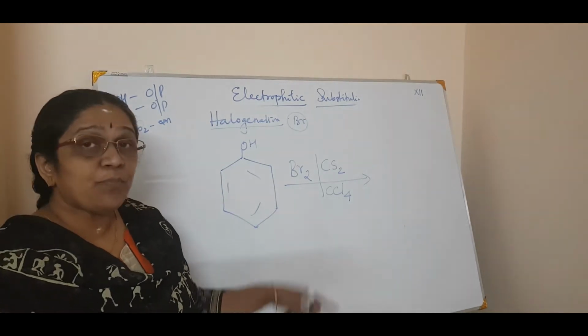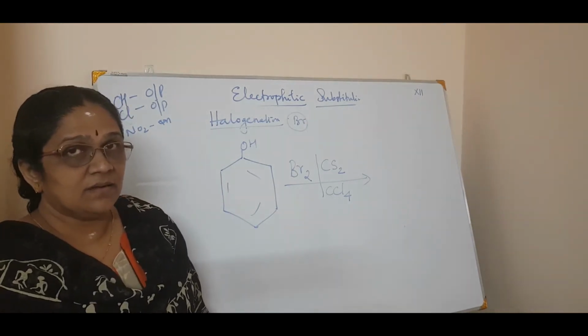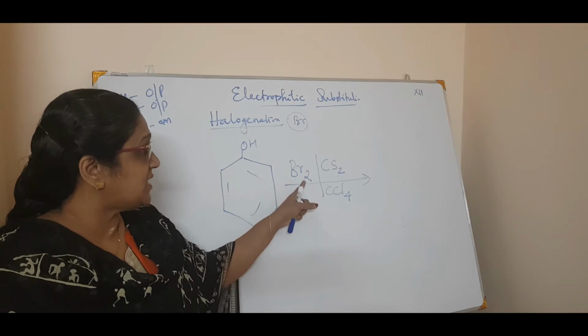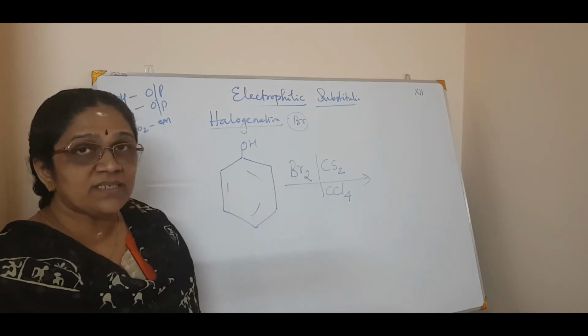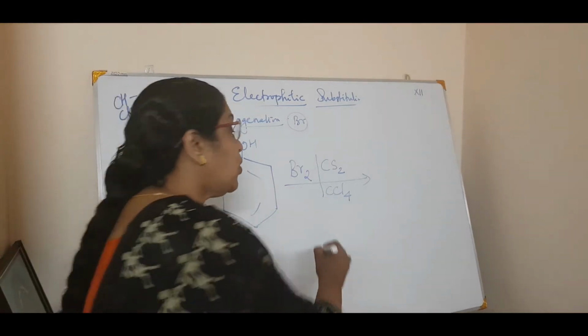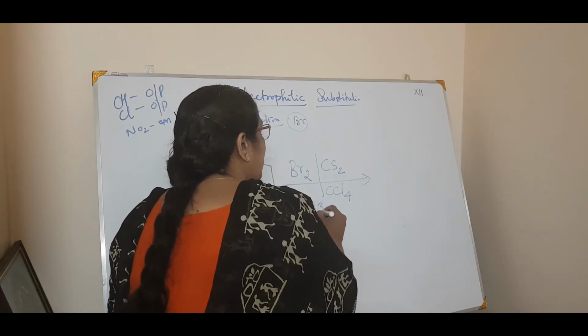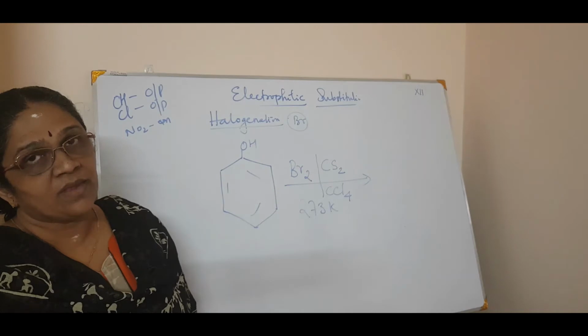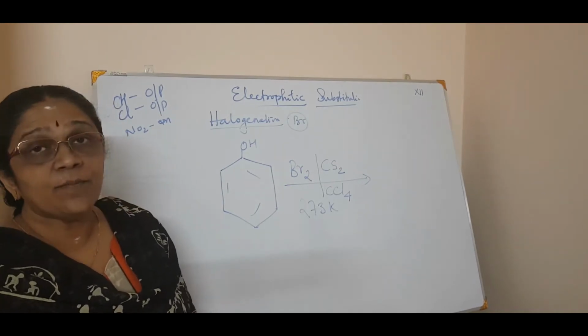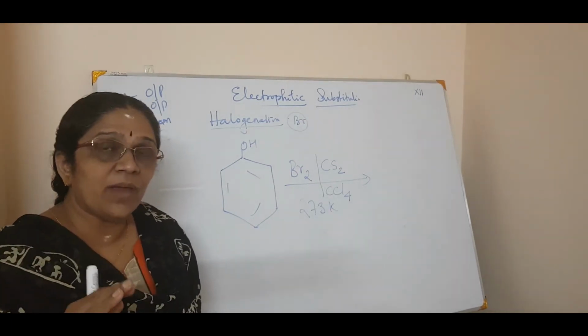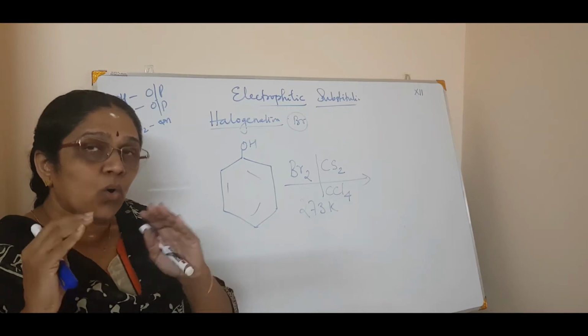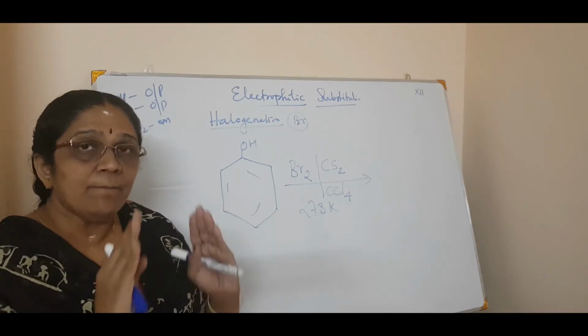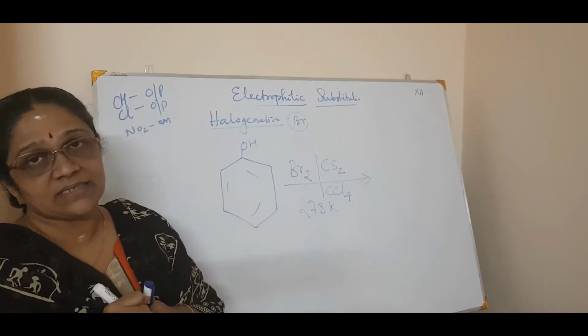So, less polar solvents. When bromine is treated with phenol in less polar solvents and at low temperature, temperature is very important, 0 degrees Celsius or 273 Kelvin, you will get a mixture of ortho plus para, out of which para will be the major product. Clear?